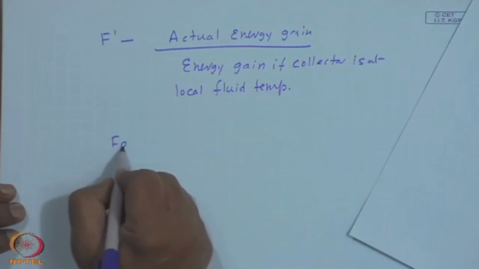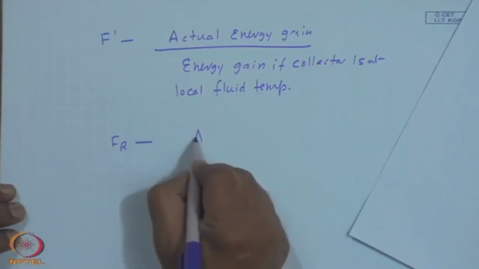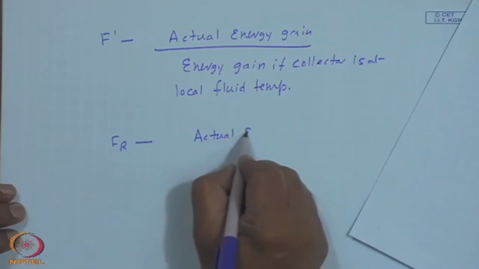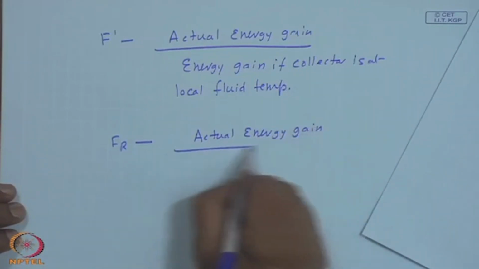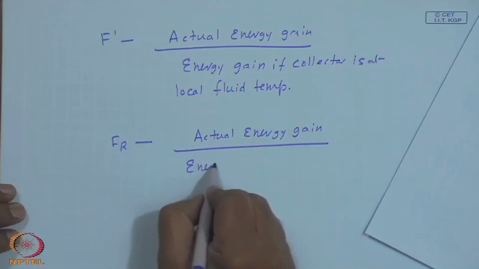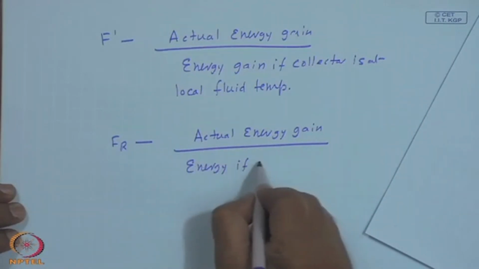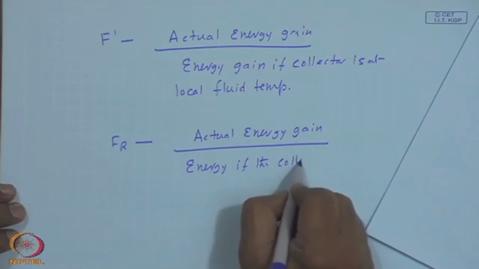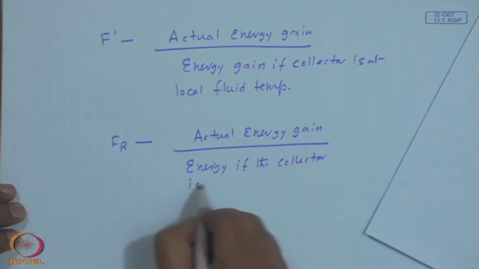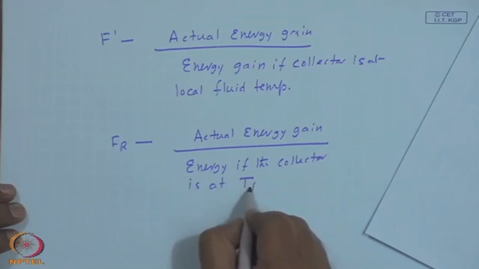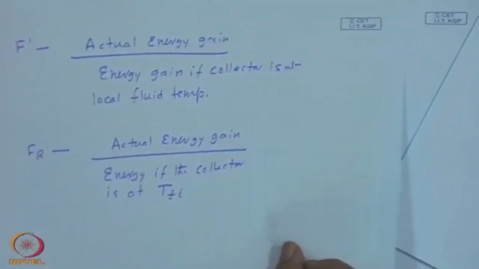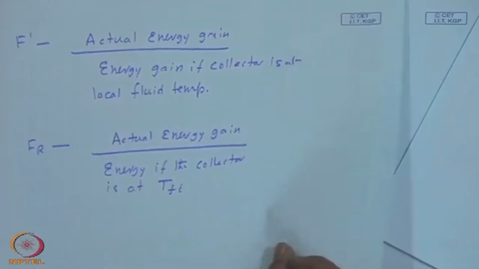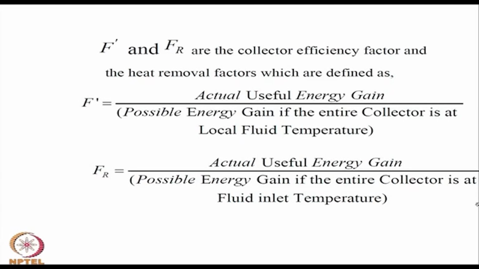Similarly, FR is defined as actual energy gain by energy gain if the collector is at collector fluid inlet temperature TFI. In other words, this is the temperature which causes the minimum of the losses and hence the maximum possible energy gain.